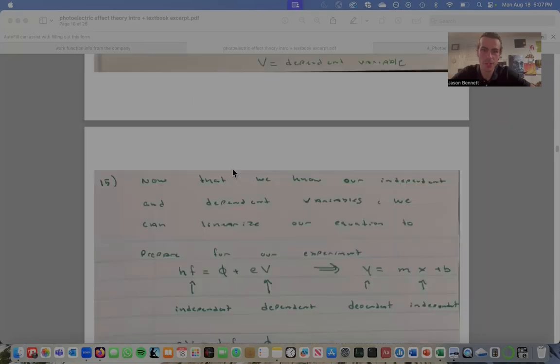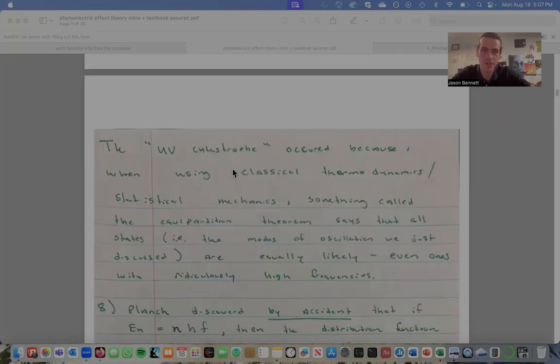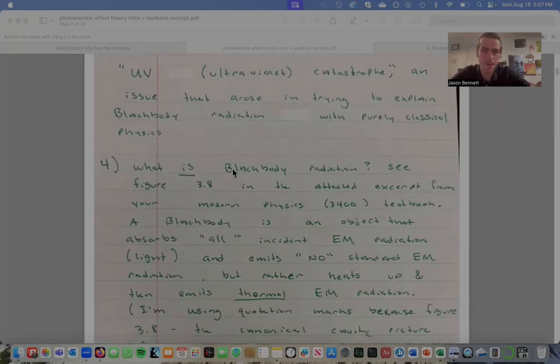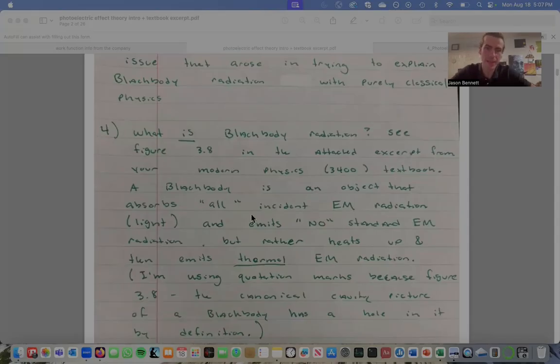So just in words, what is the black body doing? The black body is effectively something that absorbs all incident normal E&M radiation like light, and it does not emit any light. Rather, it heats up and then emits thermal radiation.